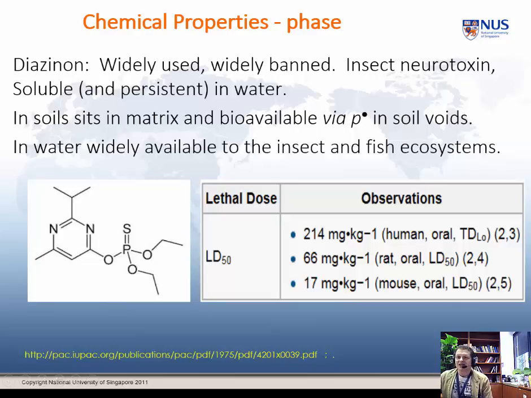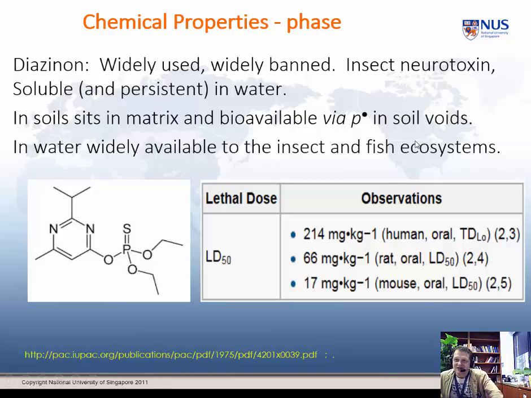In soils, it tends to sit in the soils for quite a long time, and its main route of availability isn't via water. It has a partial pressure which is not insignificant. So in the air voids in soils, you have a partial pressure of diazinon, which is the thing that is absorbed by the targets and ends up killing them.